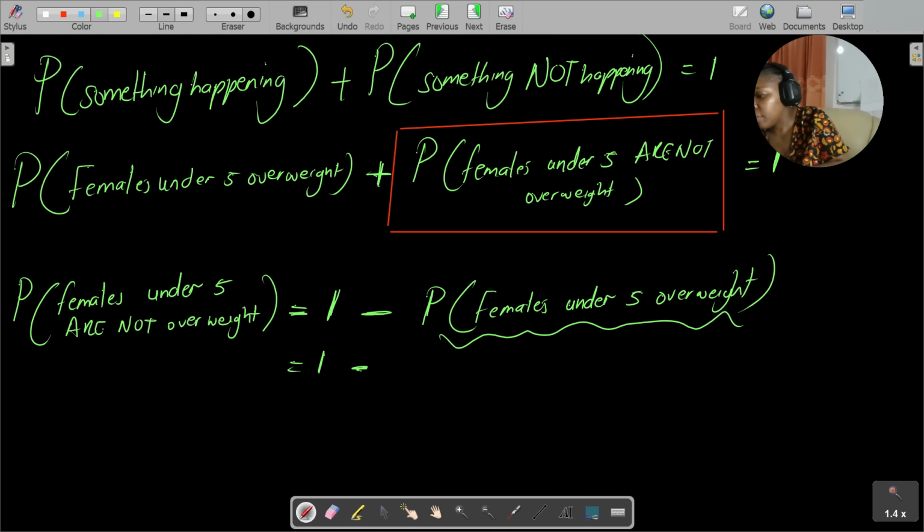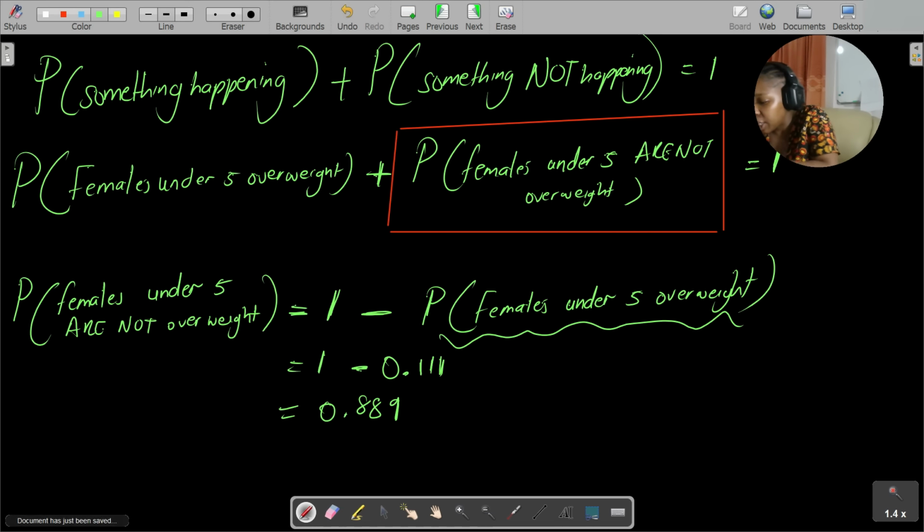11.1% is equal to 11.1 divided by 100, which is 0.111. So our answer is going to be 1 minus 0.111. The answer is 0.889. And then they said determine the probability as a fraction.